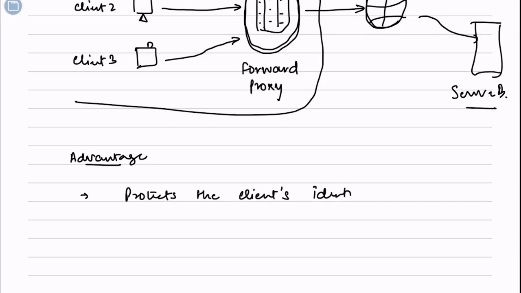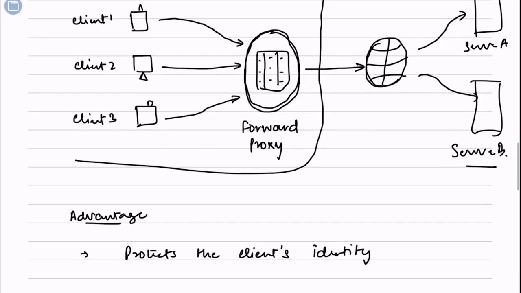When a request is sent from the client to the server, the internet will not know the exact IP or identity of any client. Instead, the request goes via the forward proxy, so that the identity of the proxy will be known to the internet. This makes sure that the client's identity is hidden.